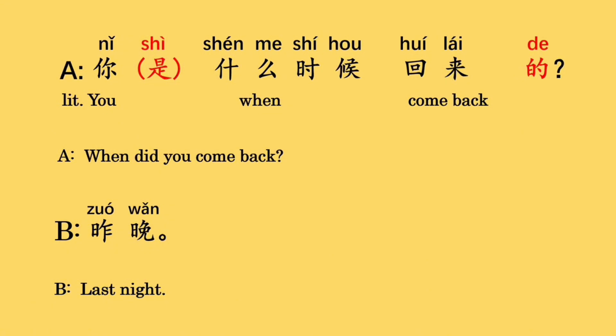When did you come back? We add 是 in front of 什么时候, add 的 at the end of the sentence. Or we just omit 是, only add 的 at the end of the sentence.